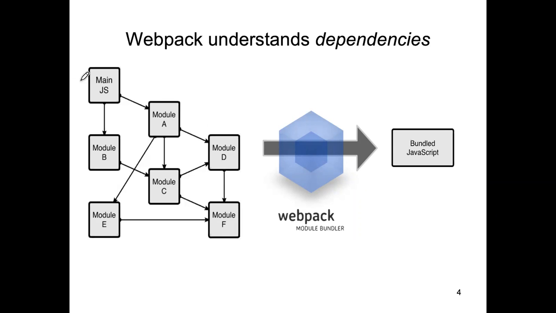and it actually processes each of these modules. Part of the processing would be to convert any ES6, 7, 8 back to ES5. It also removes any white space in these files. And on the output side, it creates a bundle.